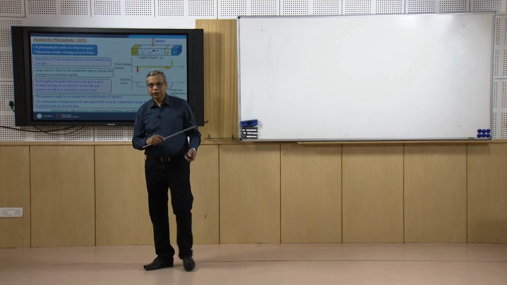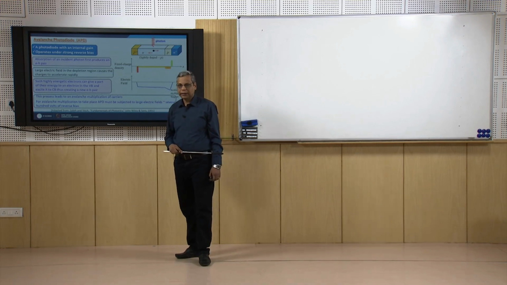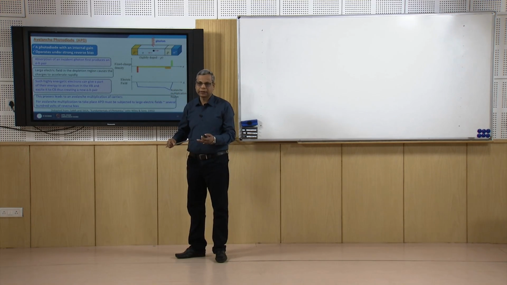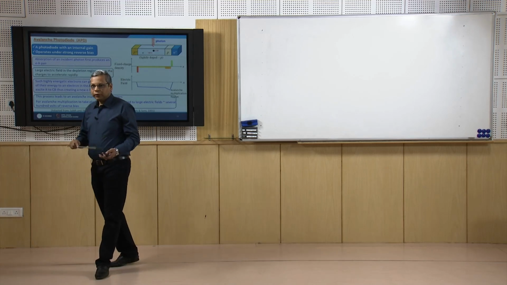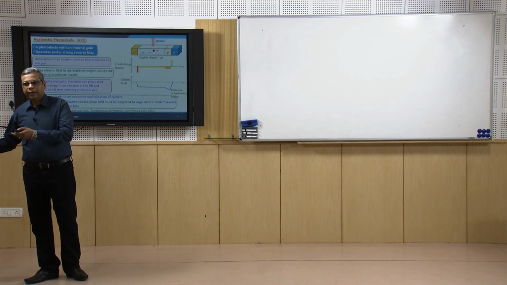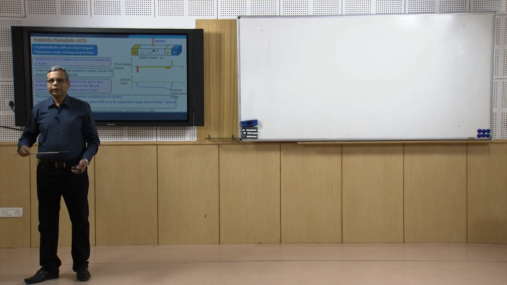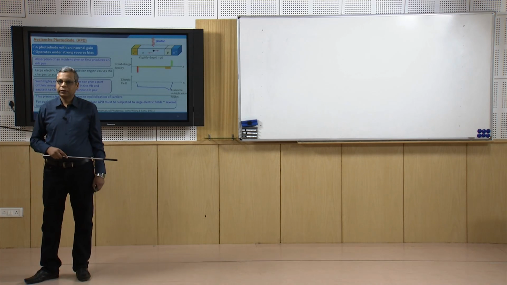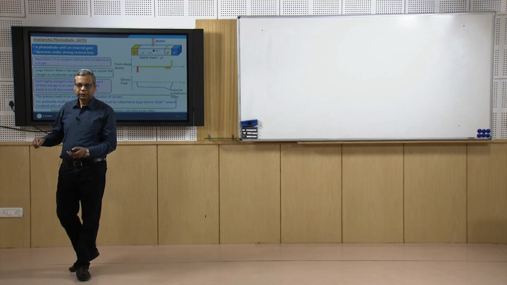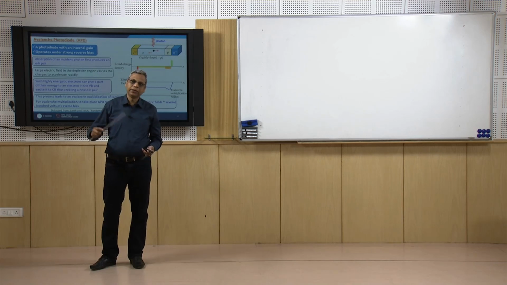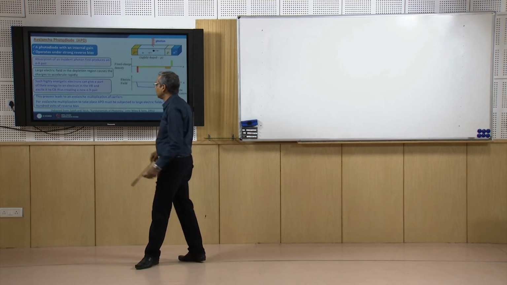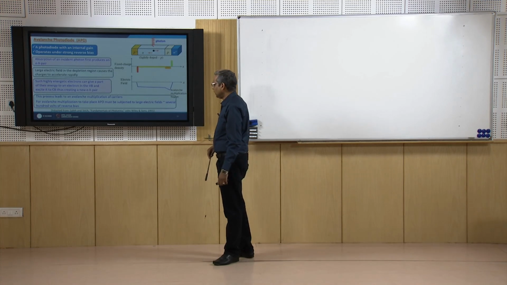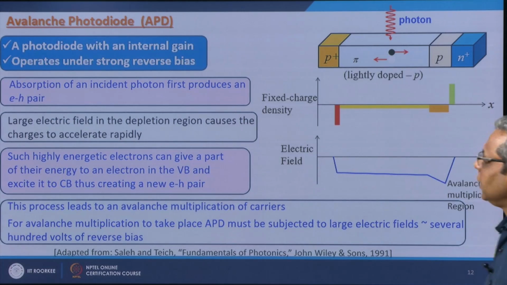They give a part of their energy to an electron in the valence band, and this electron goes to the conduction band. So, another electron hole pair is generated. This electron from the newly generated pair is again accelerated and sends another electron from the valence band to the conduction band, so another electron hole pair is generated. So, there is avalanche multiplication of carriers, and this gives the internal gain.